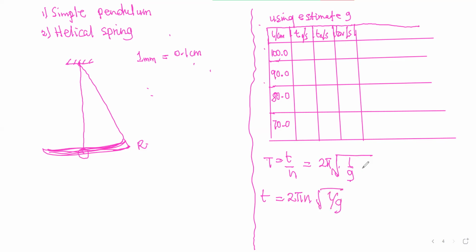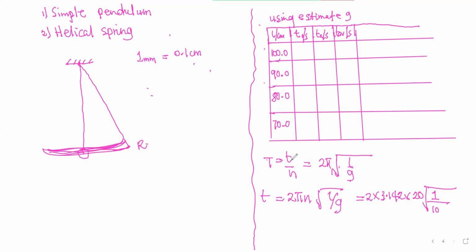I'm beginning with 100, so I have 2 times 3.142 times 20, maybe, for 20 oscillations, divided by... I'm beginning with a length of 100, so I must change that to meters, 1 meter, divided by 10 meters per second squared. I'm doing this because my acceleration due to gravity is in meters per second squared.